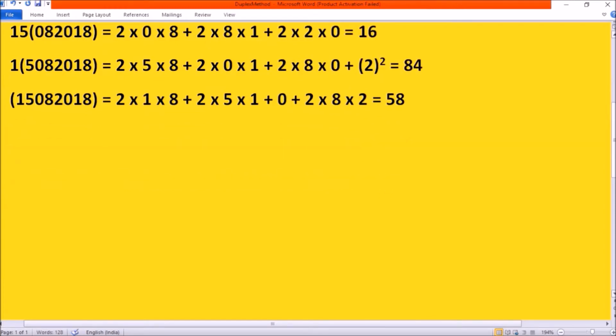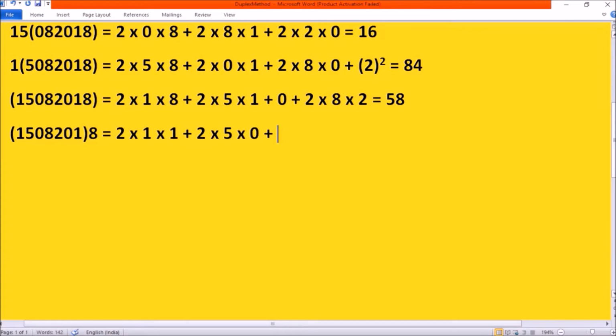Now this is the tricky part. We have to find the duplex from here, and we'll again take the duplex of 1508201. We are leaving one digit at the end, that is 8, and this time we are forming the group from the leftmost side, going from n digits down to single digits.